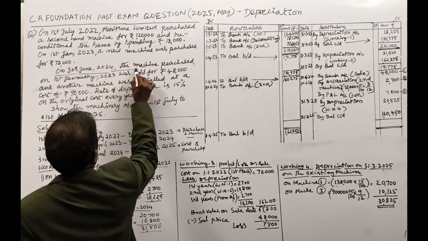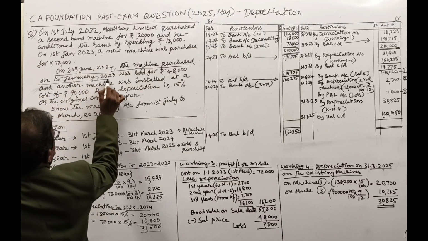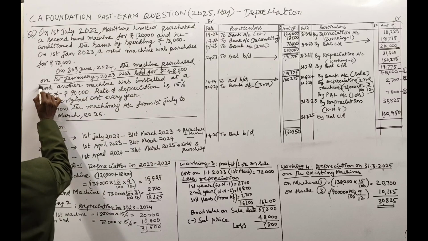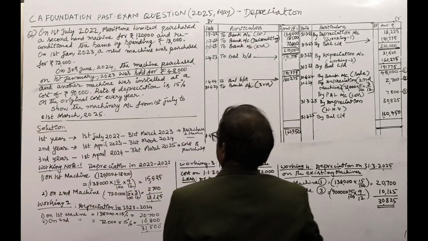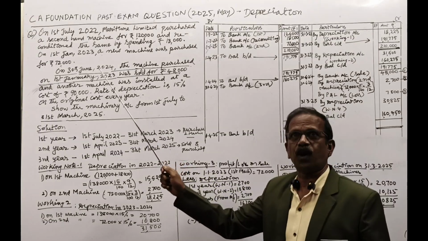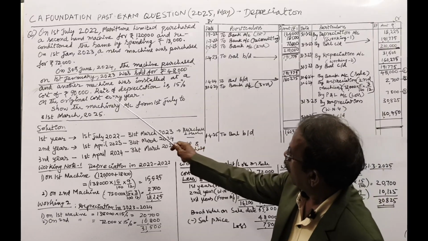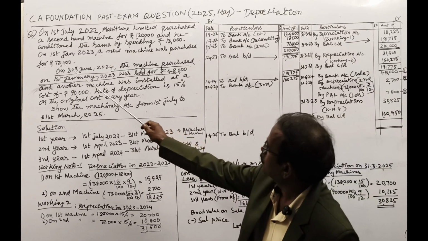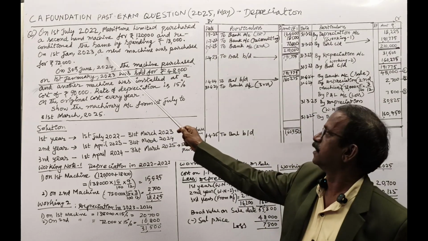This sentence is a very crucial sentence. Students are failing to understand this type of sentence. This sentence says that on 30th June 2024, what happened? On 1st January 2023, we had already purchased a machine.